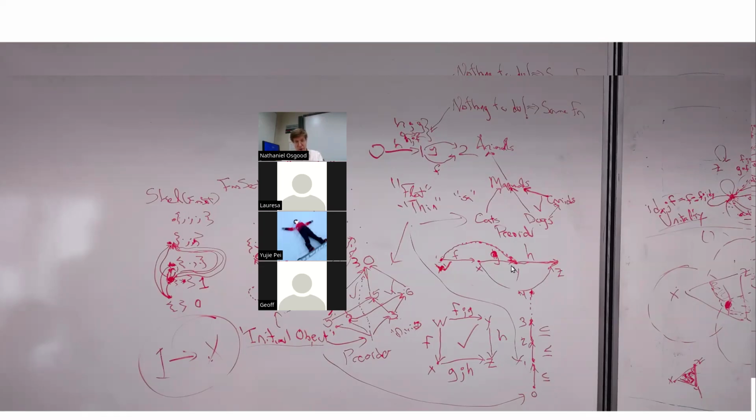G goes X to Y, H goes Y to Z. They're two end-to-end ones, so their composite will go X to Z, right? And if we have F and then that composite, it's the same as going with this composite and then Z, right? The parentheses don't matter. We can just write F and then G and then H without worrying which of the compositions go first.